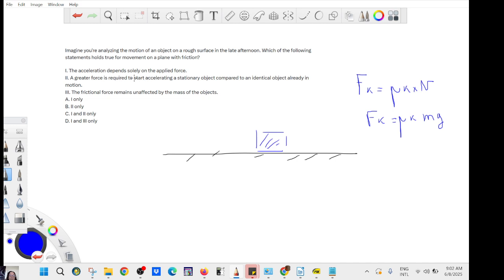Acceleration depends only on the applied force, no? So let's see, you are pushing here. So that will be F applied. But you also have some friction opposing the motion here.